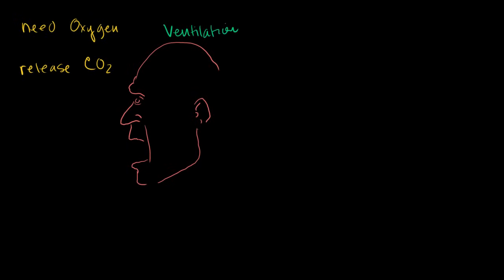That's his ear. Let's give him some hair. Oh, maybe some sideburn. Anyway, a mustache. All of that is irrelevant. But this is our guy. This is the guy that's going to show us how we take air in and how we take air out of the body. So let's go inside of this guy.